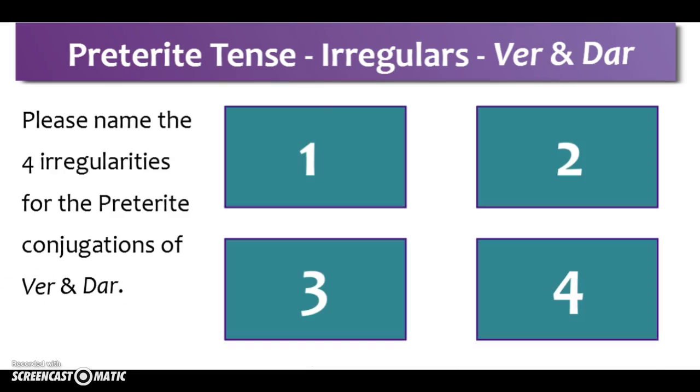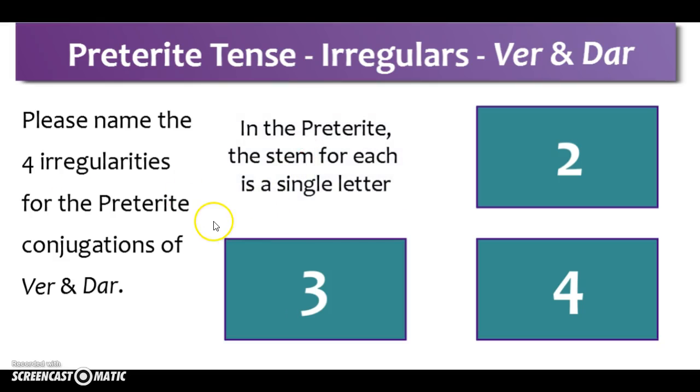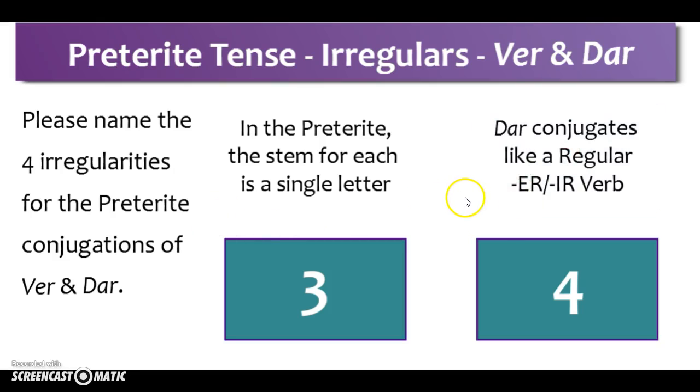So how can we summarize these 4 irregularities on these 2 verbs, ver and dar? A 1-letter stem, which we don't see that often. Dar conjugates like an ER-IR verb, not like the AR verb that it is.